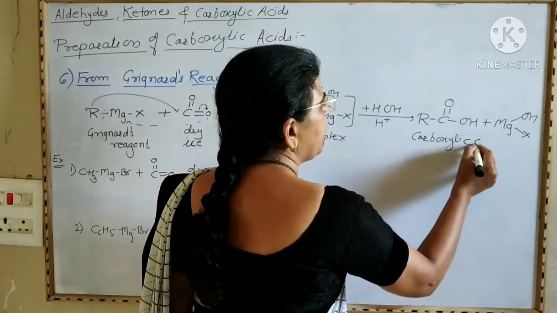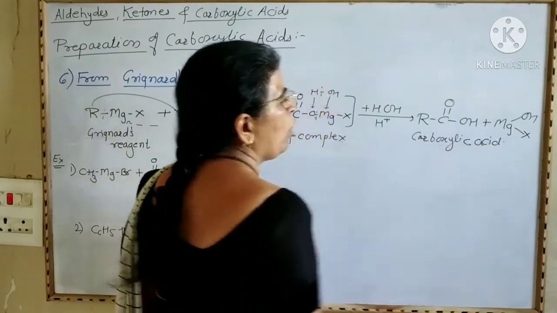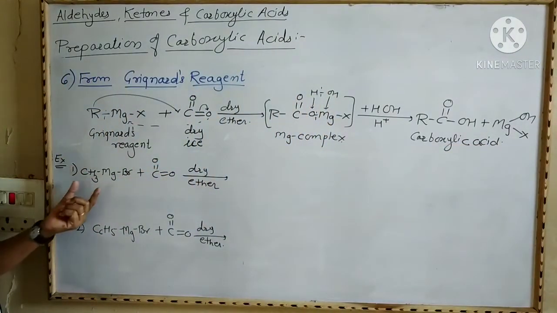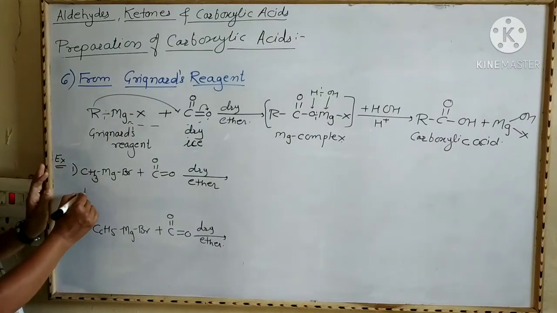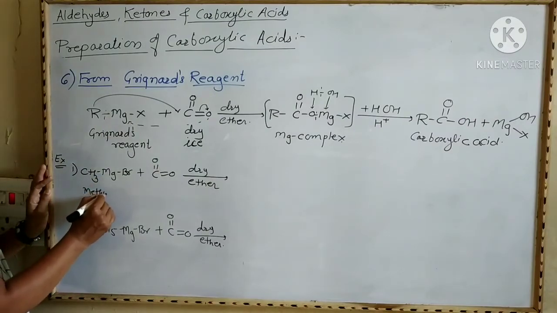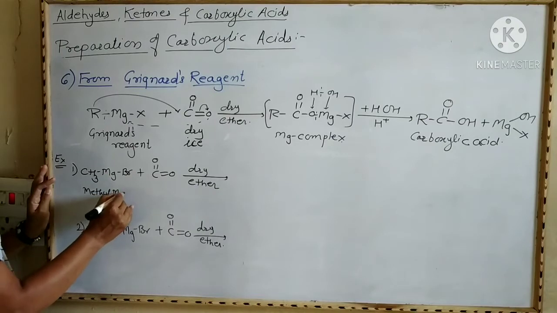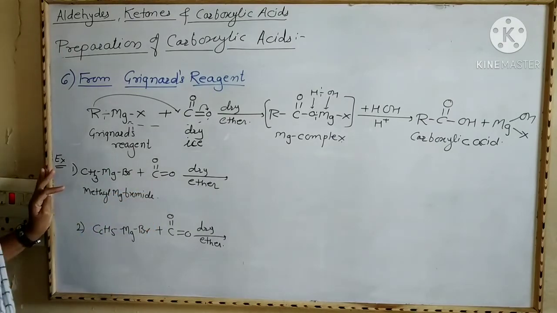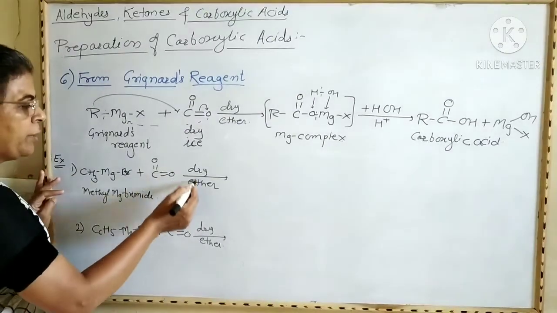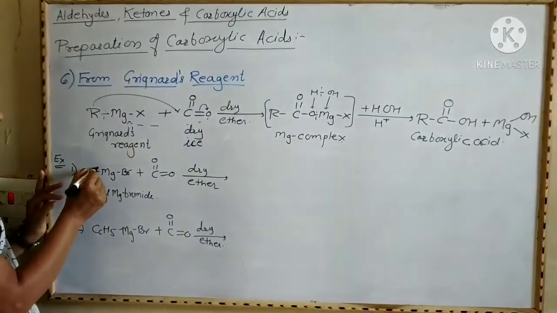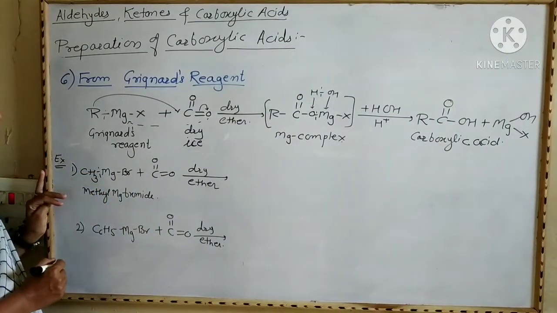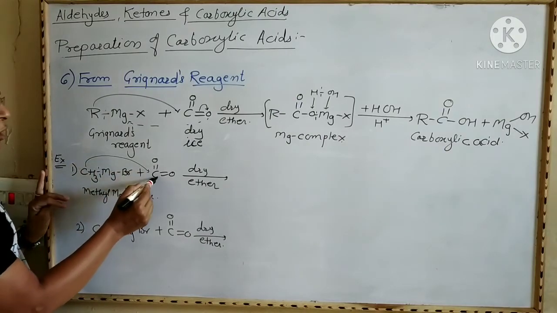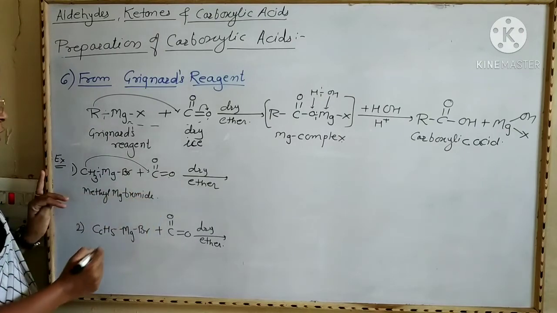This is a very important method for the preparation of carboxylic acid. Now we are going to see some examples. This is CH3MgBr, that is methyl magnesium bromide. When this compound is treated with dry ice, that is solid carbon dioxide, in presence of dry ether, first the CH3-MgBr bond breaks. Then this CH3 gets attached to the carbon of carbon dioxide.